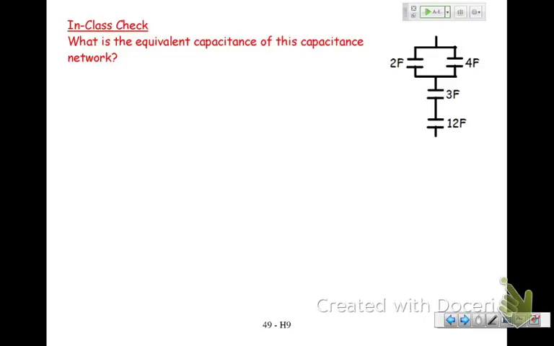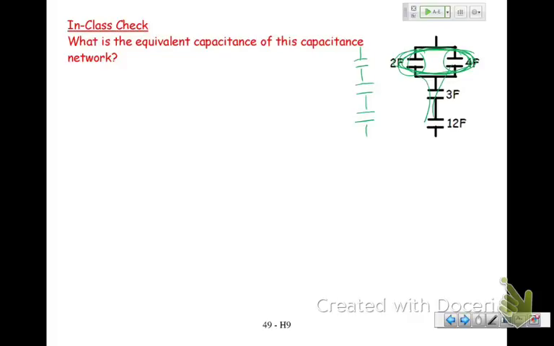These two can be combined to form something which is then in series with these guys. But this is in series with those, and this is in series with those. So which is going to result if you do the series first? These are parallel to each other, unambiguously.